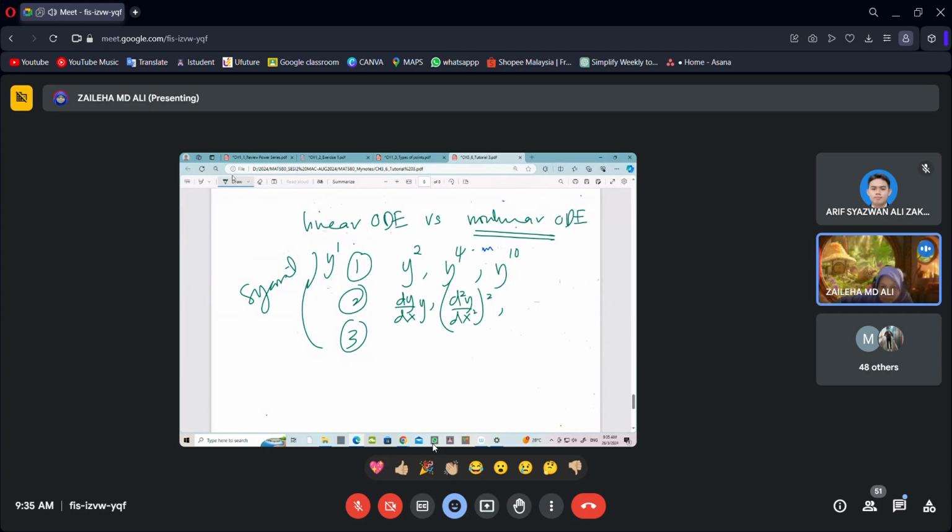Ataupun you have dy/dx darabkan dengan second derivative respect to x juga, pun dikategori sebagai non-linear. Kalau linear mestilah dy/dx sorang-sorang ataupun second derivative respect to x sorang-sorang dia je. Kuasa dia adalah 1. Dia tak didarabkan dengan function dependent variable, dia tak didarabkan sesama derivative. Yang ini non-linear.